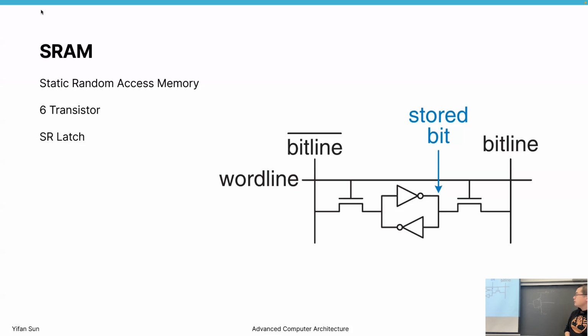Okay. Then remember when we talked about the SR latch. An SR latch is designed with 2 NOR gates, right? Let me quickly help you remember the SR latch. The SR latch works in this way.